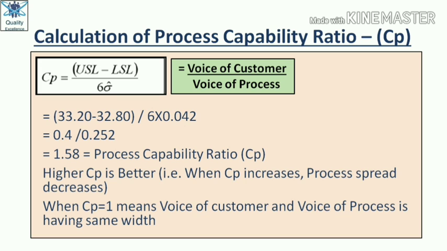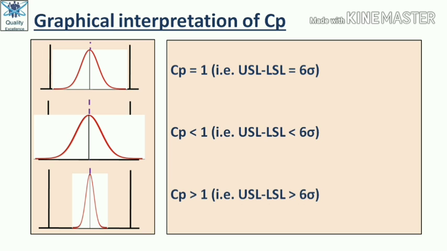And when CP is equal to 1, it means voice of customer and voice of process have the same width, meaning numerator and denominator are the same: USL minus LSL and 6 sigma, both values are same. Now let us see some graphical interpretation of CP.